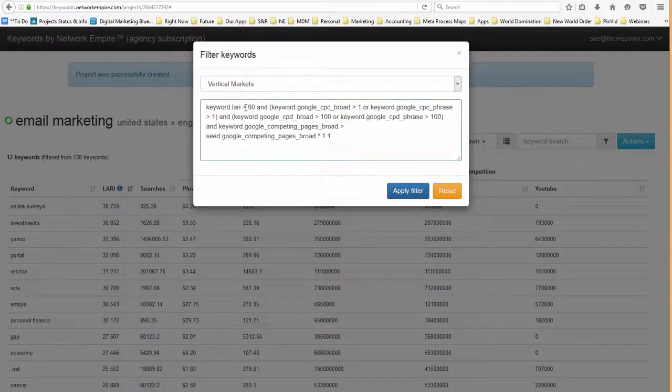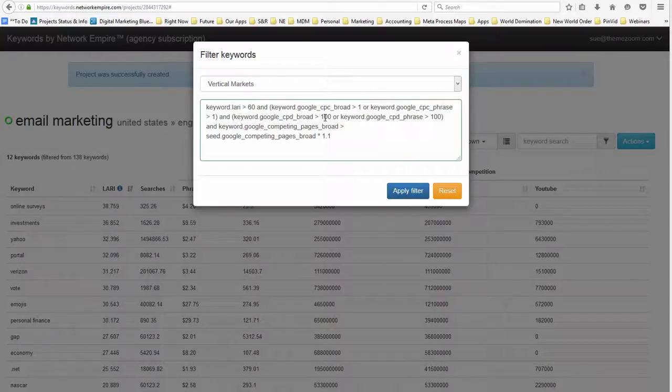Here we're saying that the thematic relevance has to be greater than 60, so it's got to be fairly relevant to your market. We also want cost per click greater than $1, for either the phrase or the broad match, and clicks per day, either broad or phrase, greater than 100.